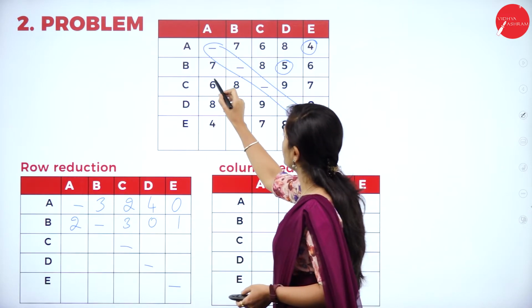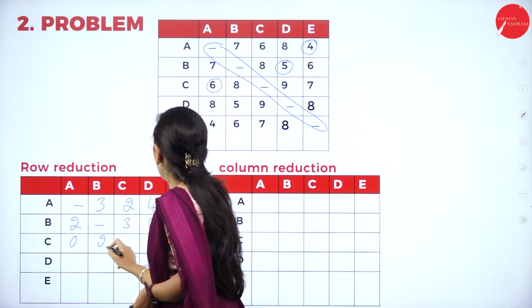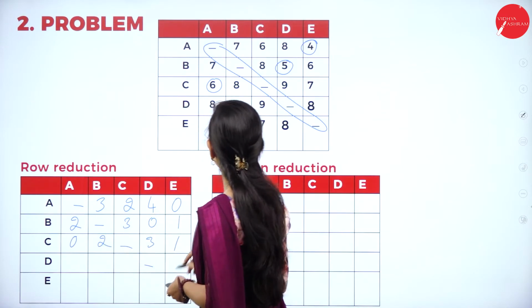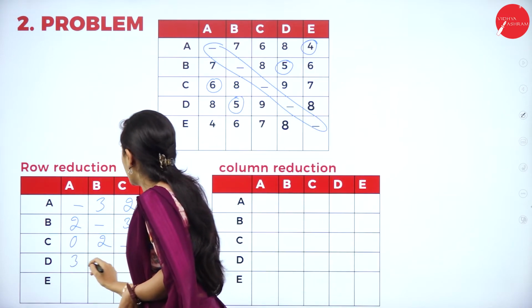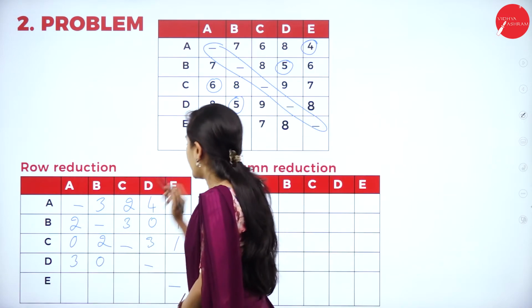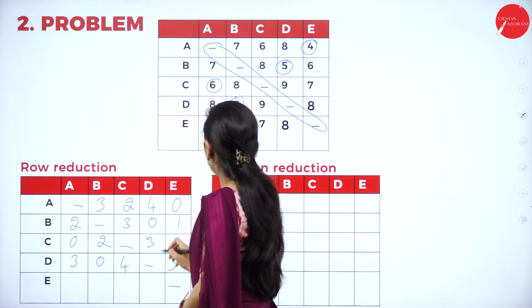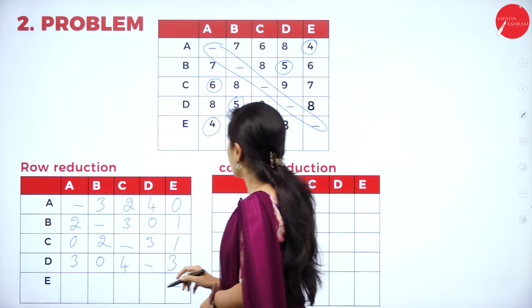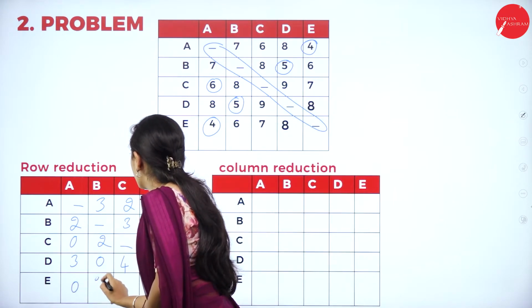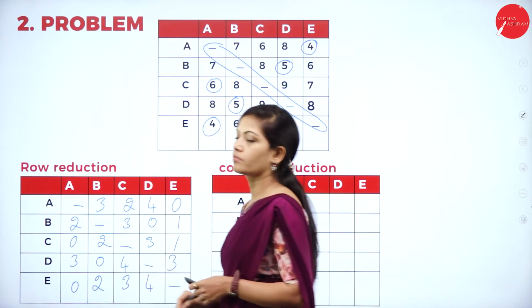In the third row, the least value is 6: 0, 2, 3 and 1. In the fourth row, the least value is 5. It is 3, 0, and 9 minus 5 is 4, and 8 minus 5 is 3. In the last row, the least value is 4. So 4 minus 4, 6 minus 4, 7 minus 4, 8 minus 4.